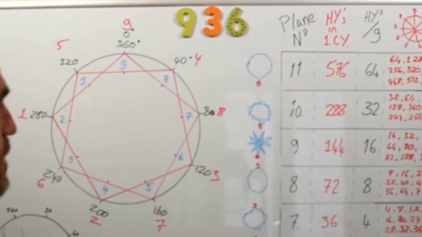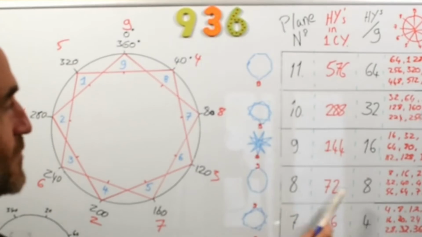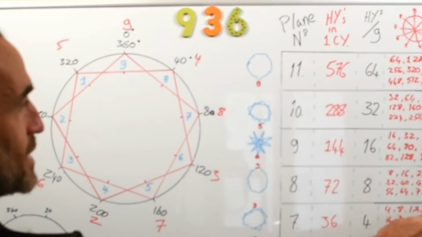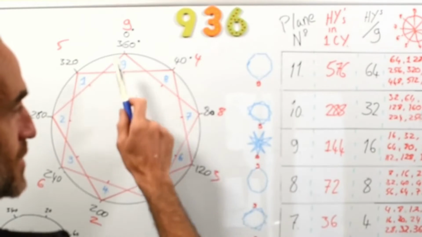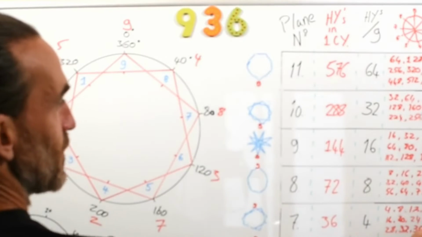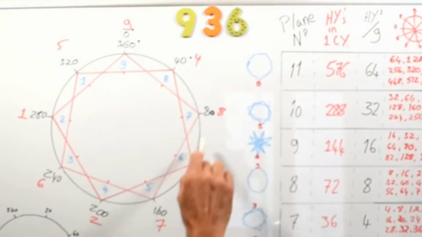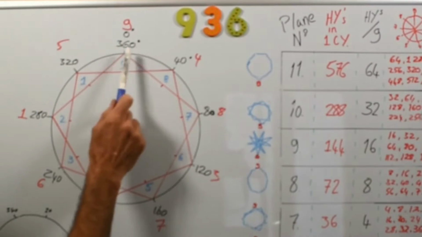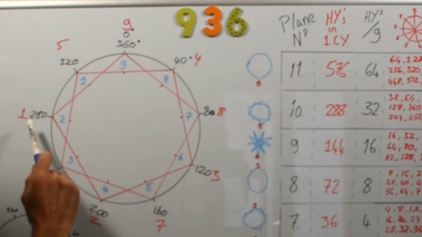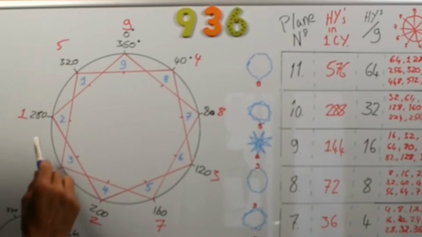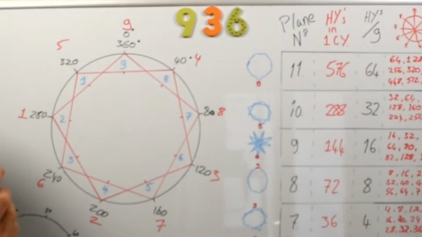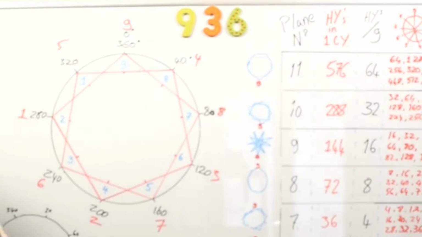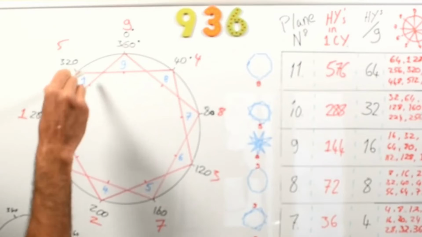And here we moved up a plane into plane number 8 with the 9 at the top: 8, 7, 6, 5, 4, 3, 2, 1, 9. Just to confirm the last line, 360 plus 280 is 640. 640 is 6 plus 4, which equals 10. 1 plus 0 equals 1.